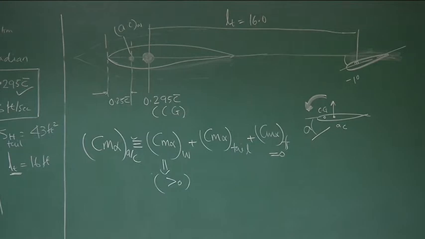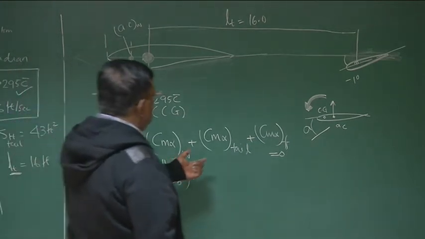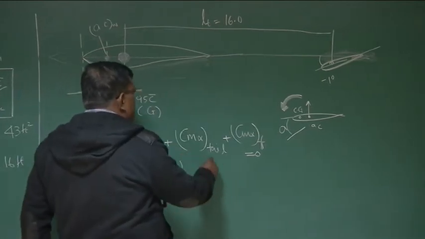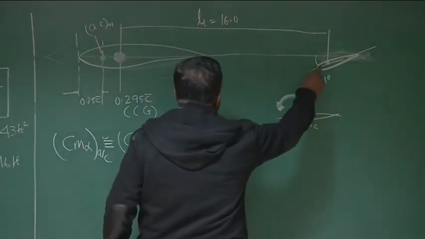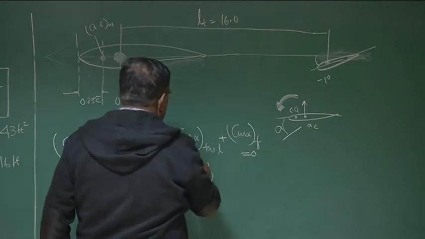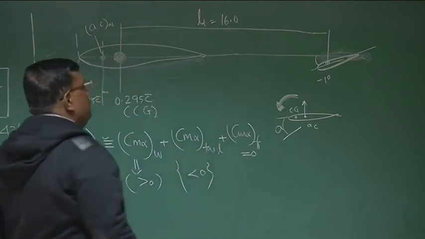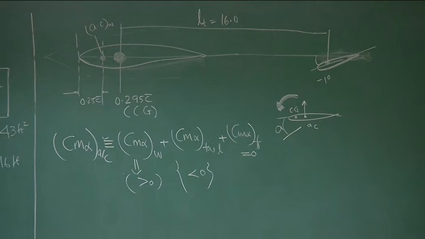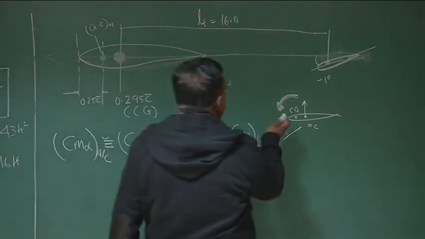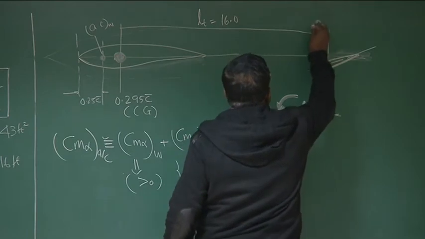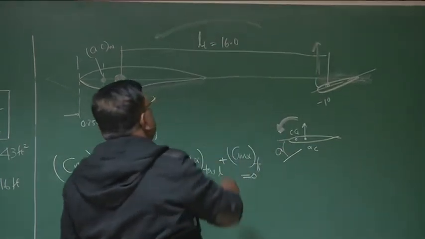Second thing you understand, for the tail, you could see the AC of the tail is behind the CG, so it will have a stabilizing component. So Cm alpha will be negative. You could see from here also, if there is an alpha, there will be an upward force, which will give a nose down moment about the CG.